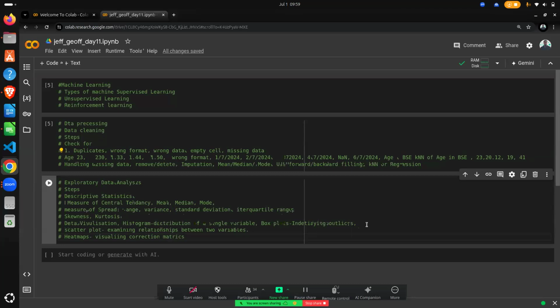There's a difference between matrix and metrics. Please go and read that for yourself. Now, heat maps are basically for correlation. And you now understand from your knowledge, from your advanced mathematics of A level, what do you know about correlation?